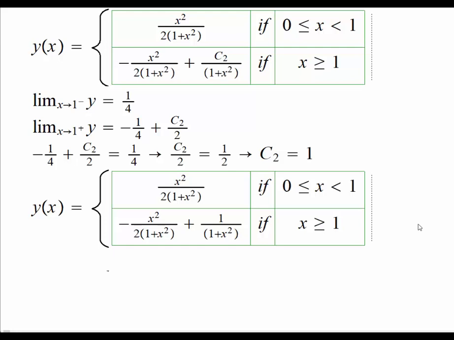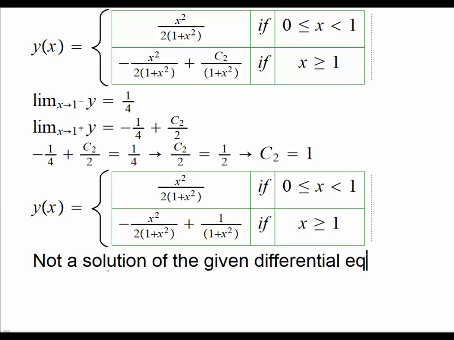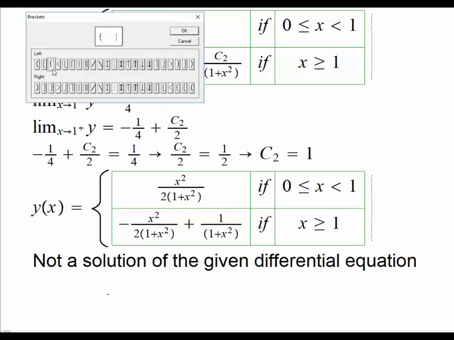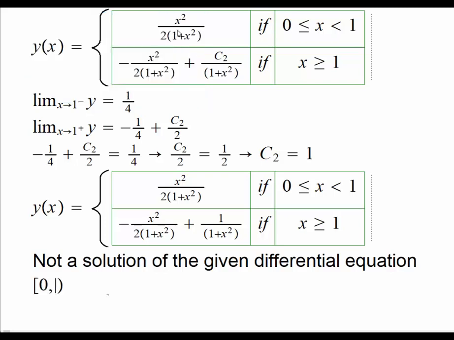But note this, that it's not really a solution of the given differential equation on the entire interval 0 to infinity. Why? Because, well, one thing you can see right here, no, not that.